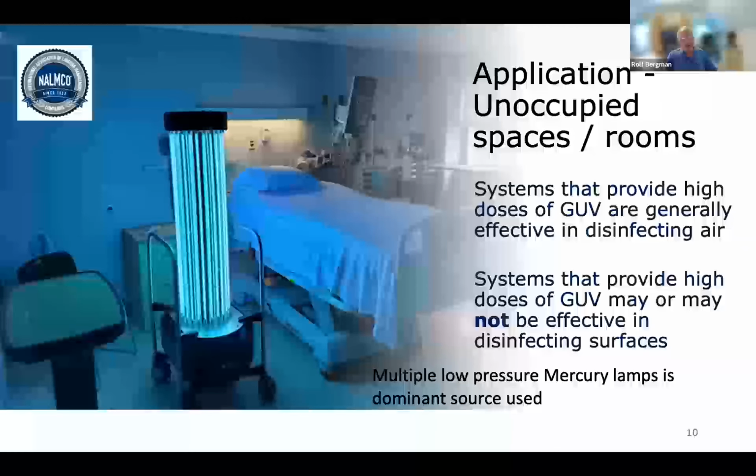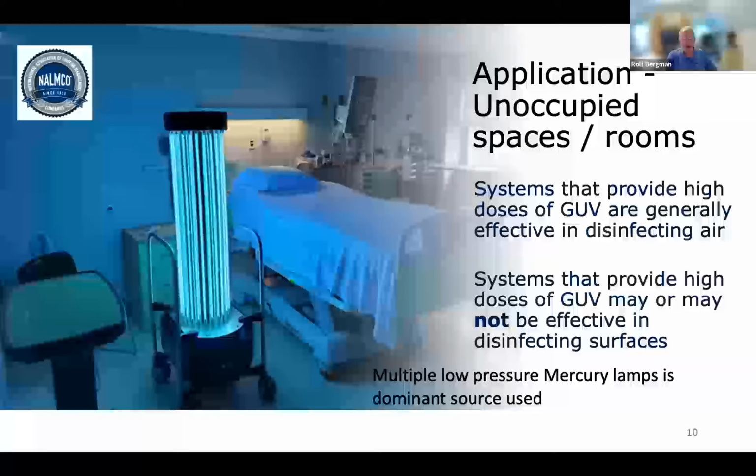Pictured is such a unit which has multiple 3-foot lamps, about a dozen of these in a circle, on a portable unit that can be put in and turned on. And so that the unit, when finished, disinfects the whole room.